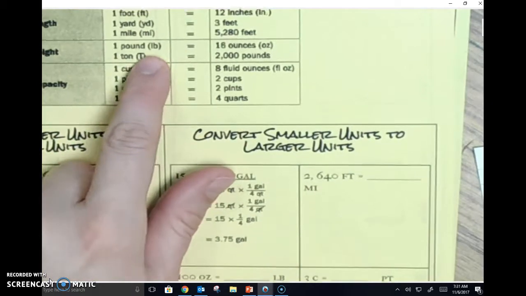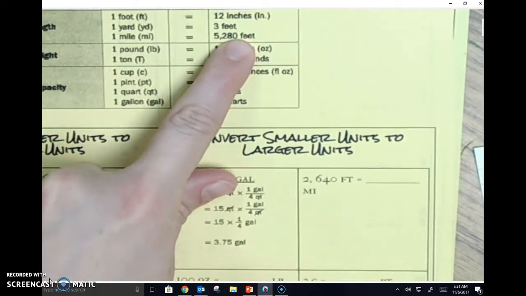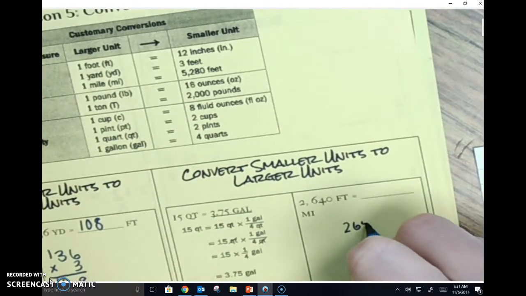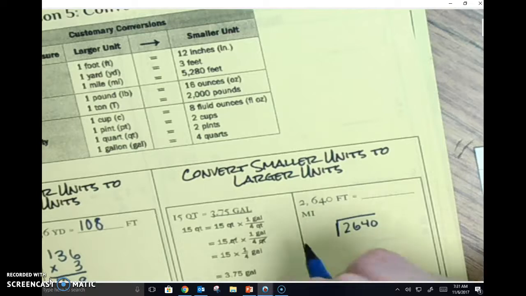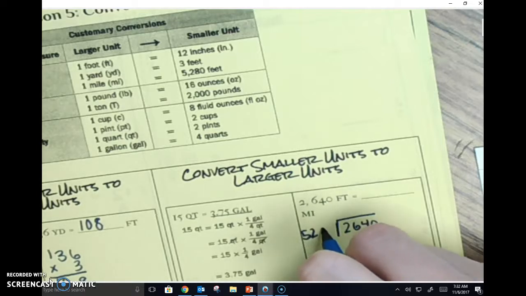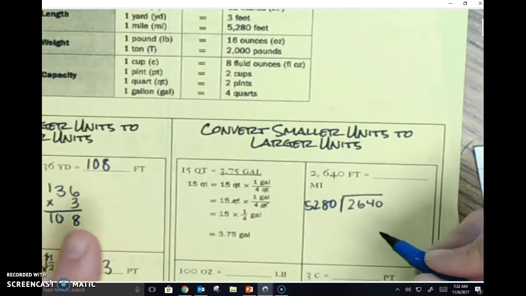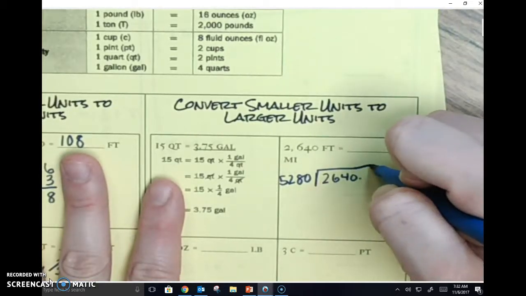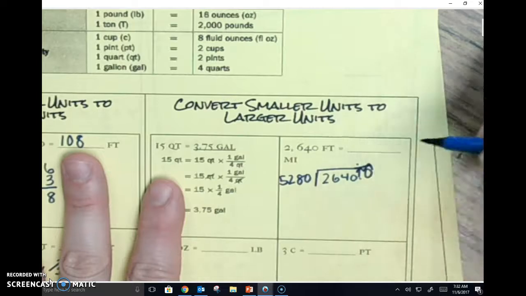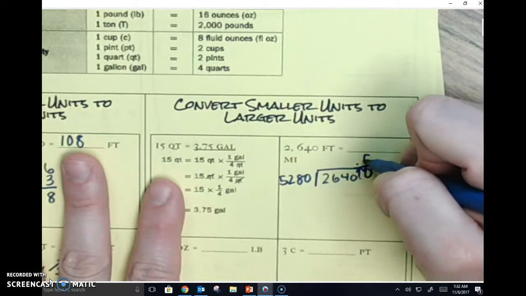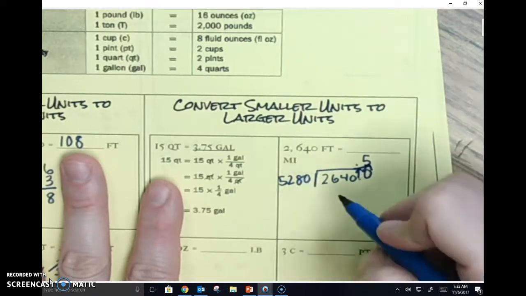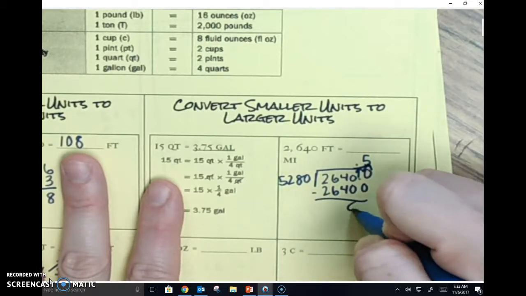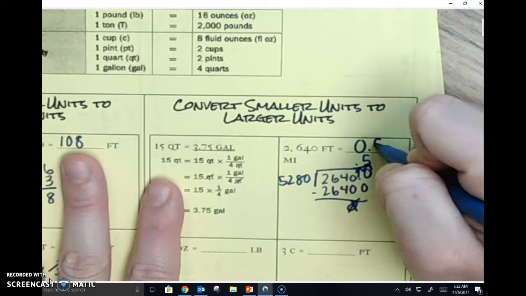We're going to come up here, and we're going to see that there are 5,280 feet in 1 mile. So we're going to take 2,640, and we're going to divide by 5,280. Obviously, 5,280 cannot go into 2,640, so we're going to add a decimal and a 0. And if you work it out, you'll see that 5 times 5,280 gives us 26,400. So your answer is 0.5.